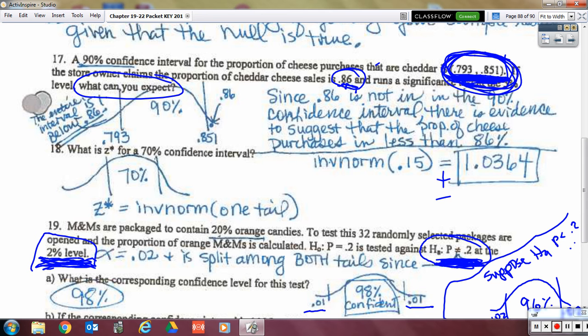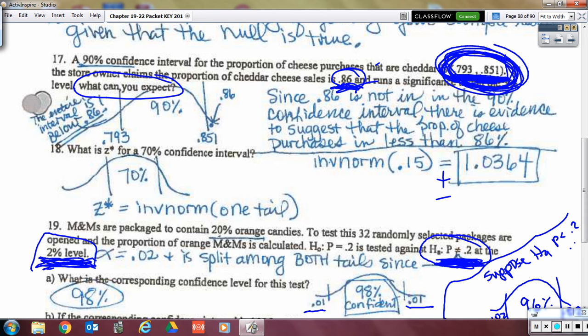If they say that the null hypothesis is 0.86, what do you think, before you even run it, is probably going to happen when you run a test against the null hypothesis 0.86? What are you going to think is going to happen to it? You're going to reject it.